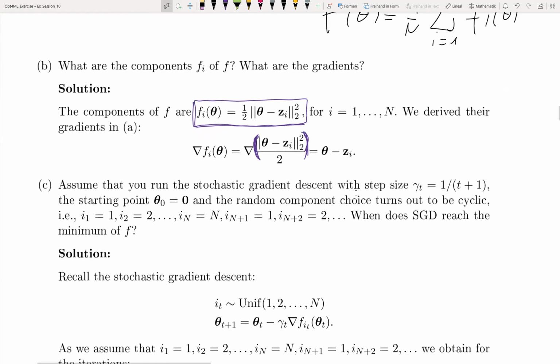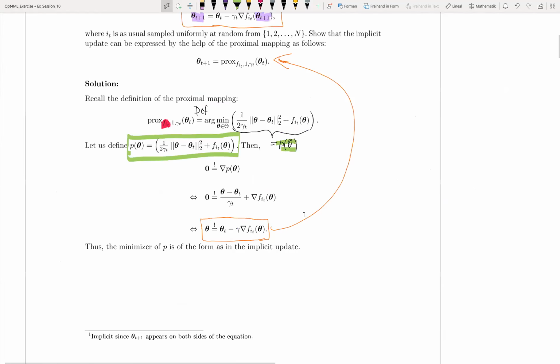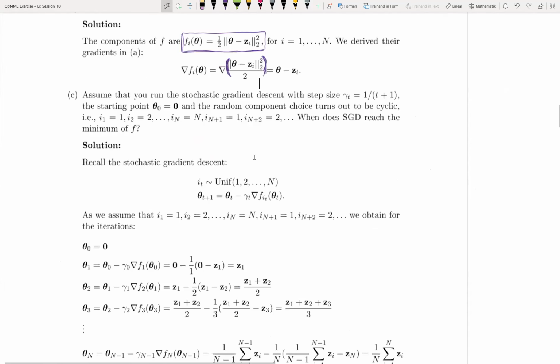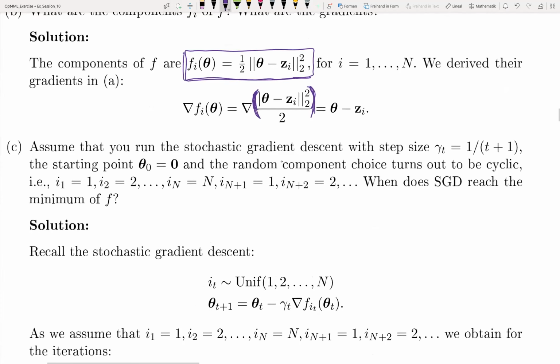Okay, and then let's assume we run stochastic gradient descent with step size 1 over t plus 1 and start at the 0 vector.